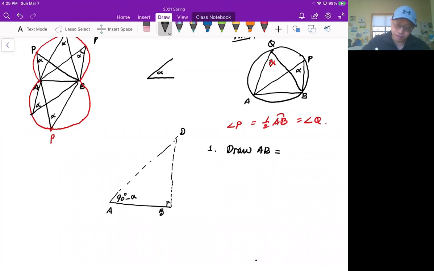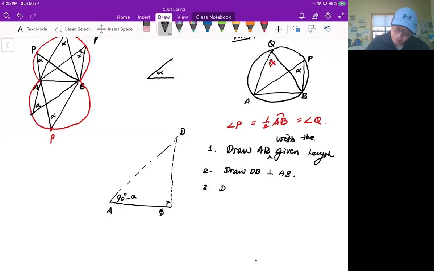Segment AB with the given length. All right, second step, I want to draw BD perpendicular to AB. And third, I'm going to draw angle BAD equal to the angle alpha. So they intersect each other.